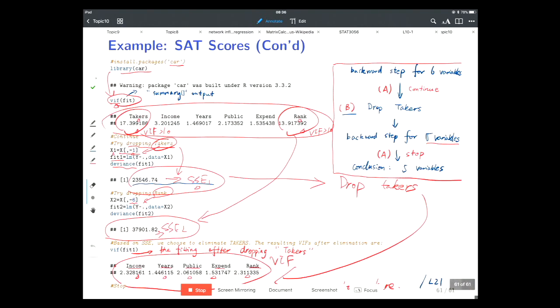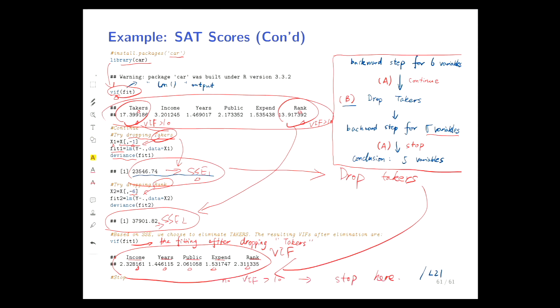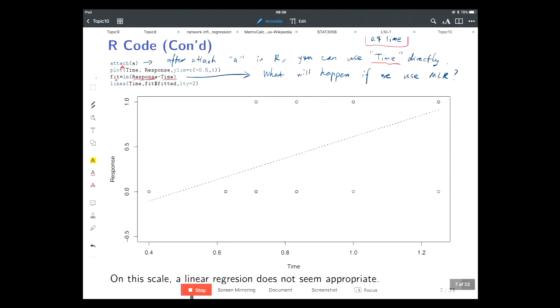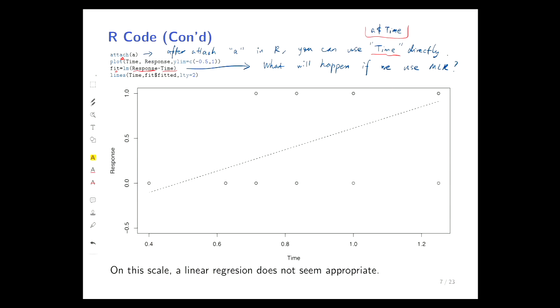So sorry about it. The fit is actually the LM function output, so I need to correct the handwritten notes at the beginning of today's lecture. But we can still look at the topic. For topic 10, we also have the LM function result, which is called fit.